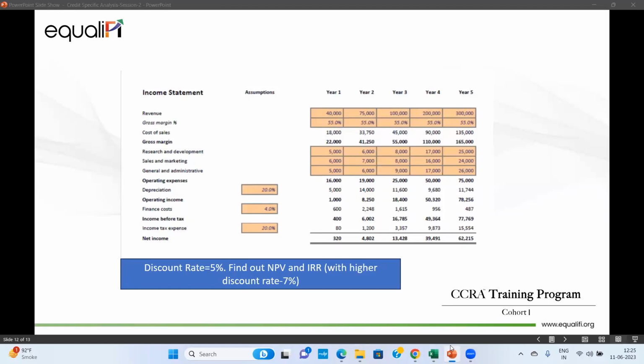What's the answer, guys? What about others? It's 5.09% for Bharat. What about others?